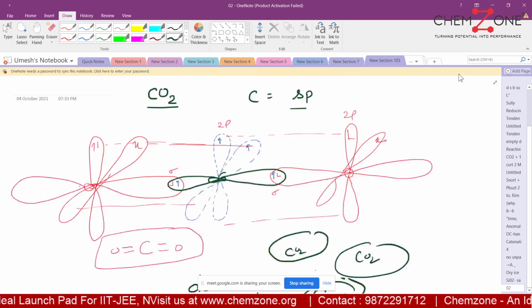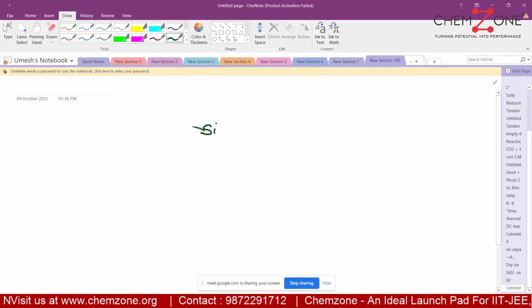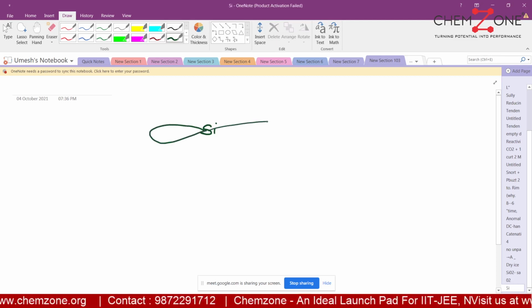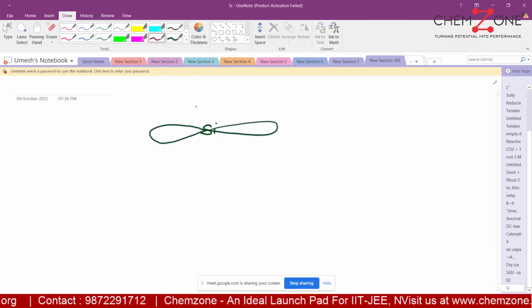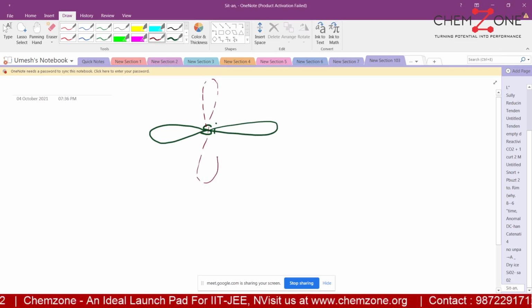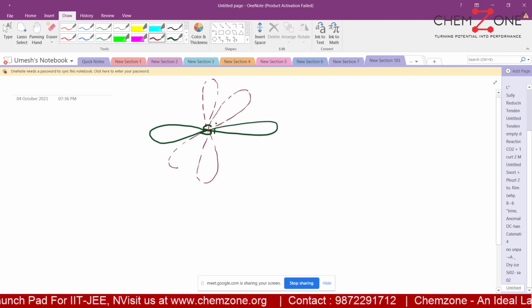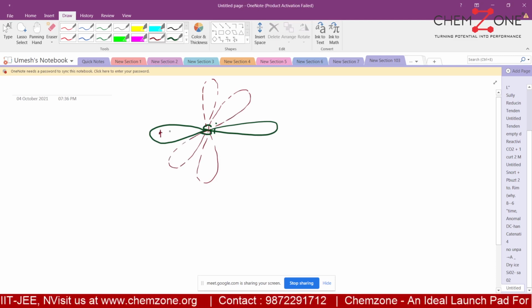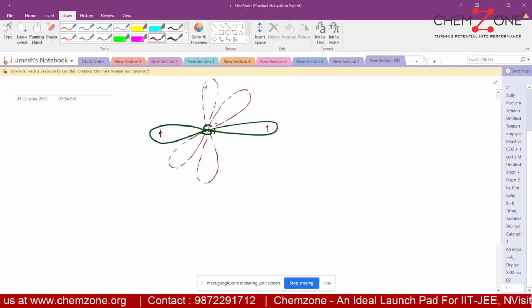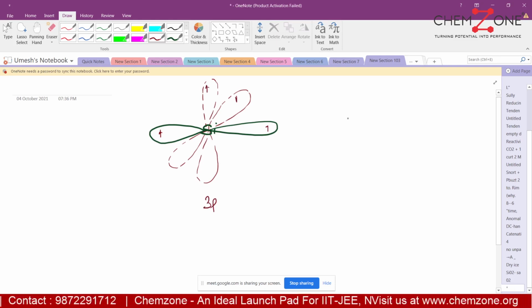But in the case of silicon dioxide, if the silicon is also sp hybridized like carbon dioxide, these are of the 3p energy level.